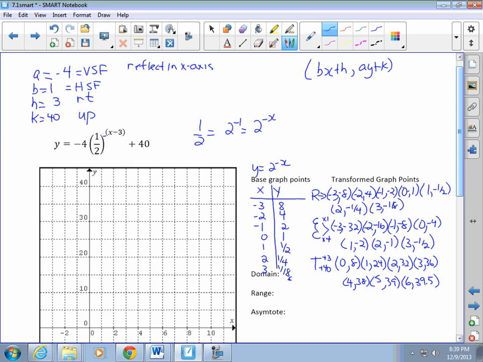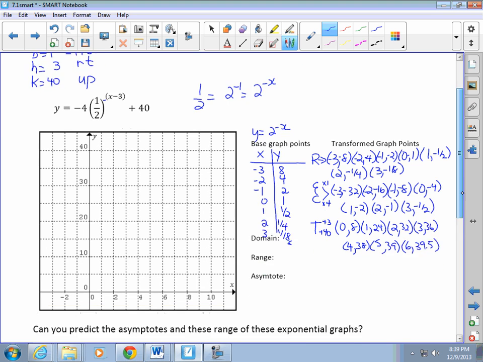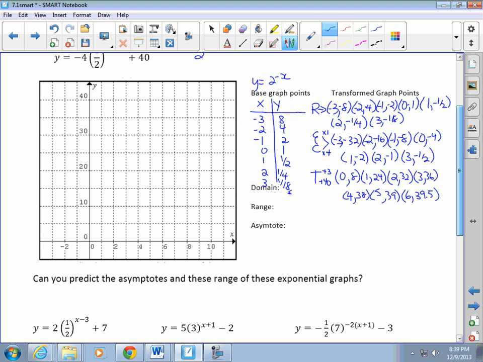So now if I go to graph these, once I've done all of the expansions in here, I would have 0 and 8. Yeah, that's pretty close.